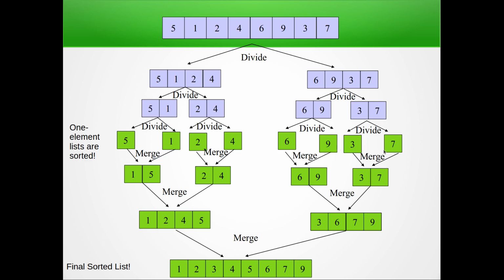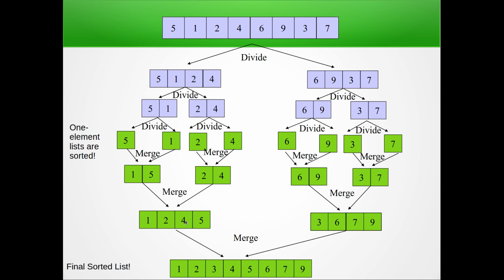That's my base case, having length 1, and that's already sorted so I don't have to do much. And then to combine the results of the recursive calls into a solution for the current call, I have to merge sorted lists into a longer sorted list. Okay, that is how Mergesort works.